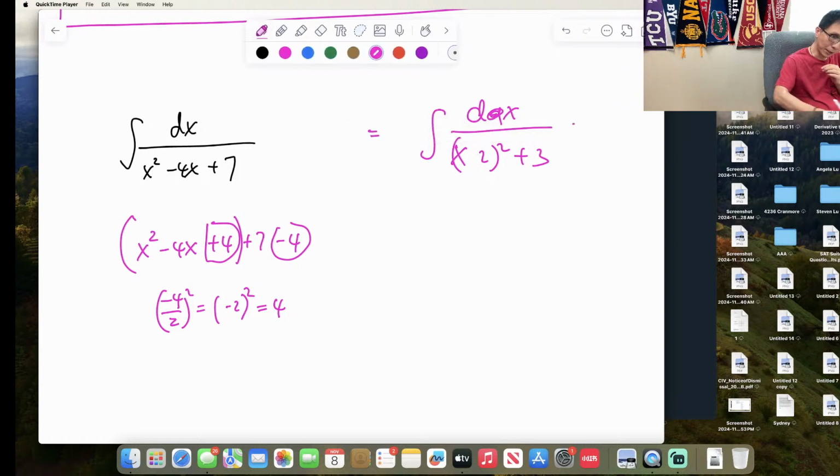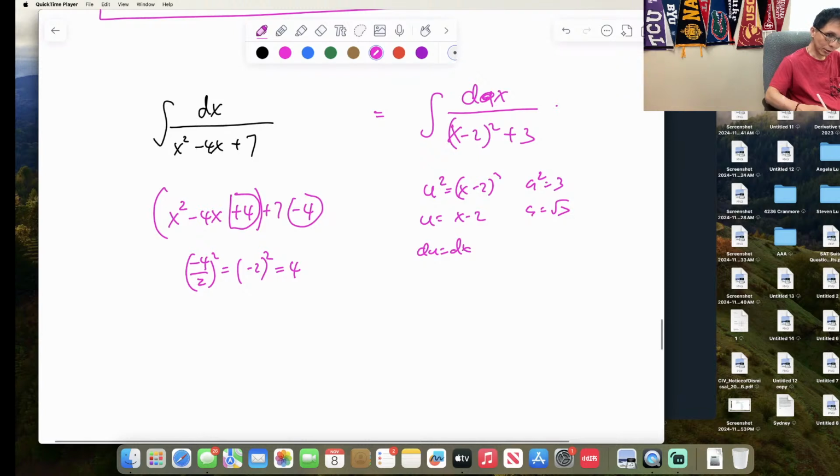So that should be minus. Now I can say u squared equals x minus 2 squared, u is equal to x minus 2, a squared equals 3, a is equal to root 3. Du equals dx, so you don't have that dx issue. So it'll be 1 over root 3 arctan of (x minus 2) over root 3, plus c.